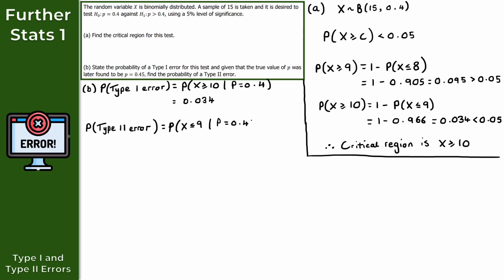And again, just use your calculator here to find this probability. Nice and straightforward. If you do this correctly, what you should get is 0.923. Okay, and there we have it. So that gives us the solution to question 1.